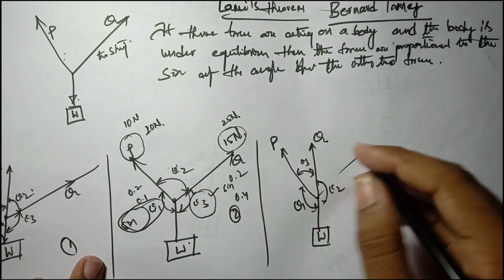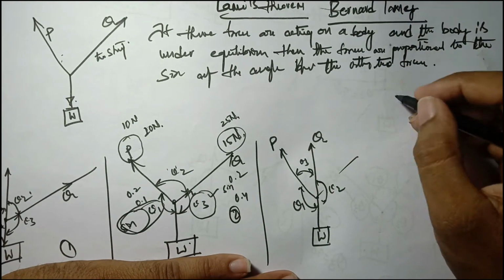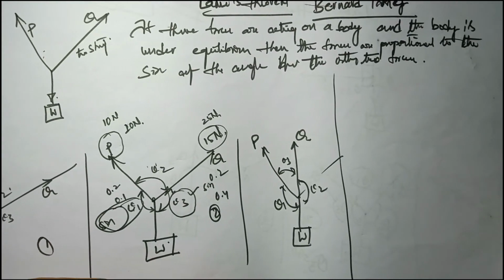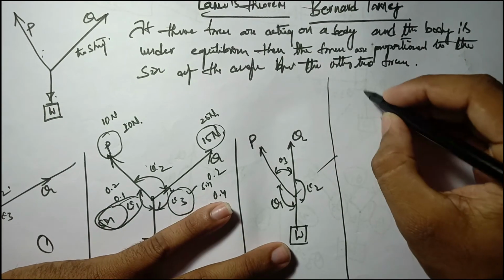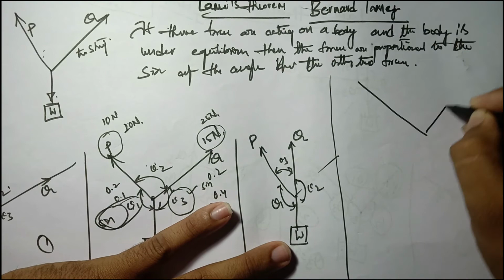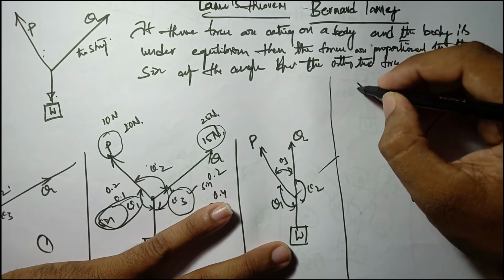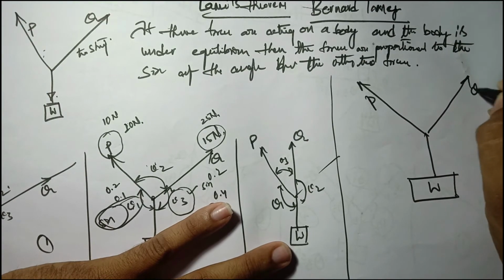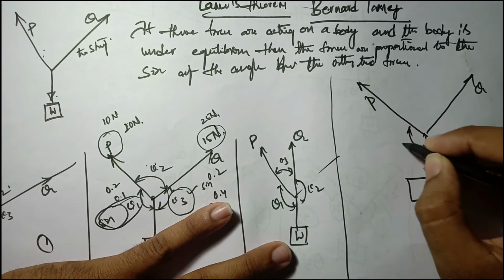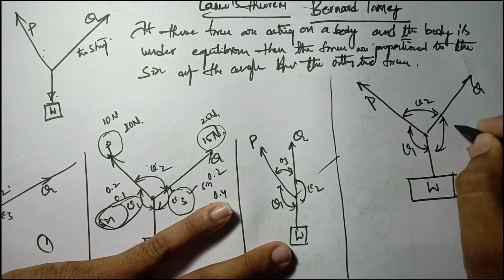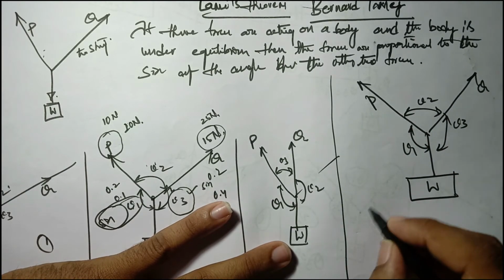So now if you want to represent them in equation form, say this is theta 1, this is theta 2, and this is theta 3.